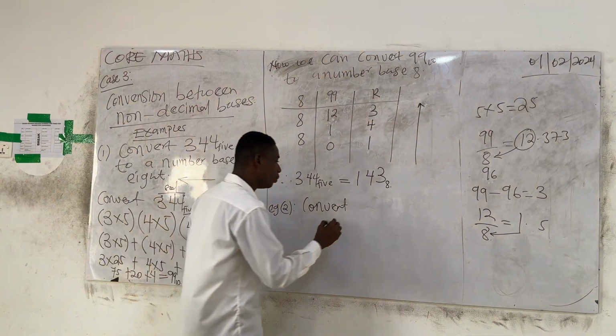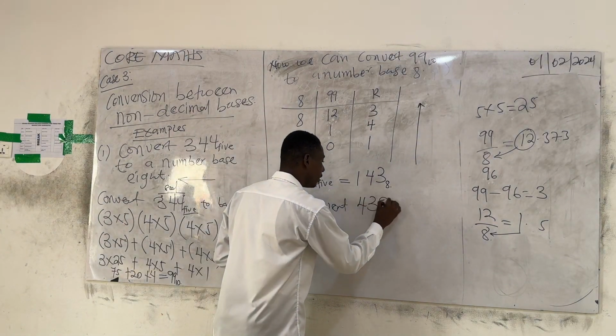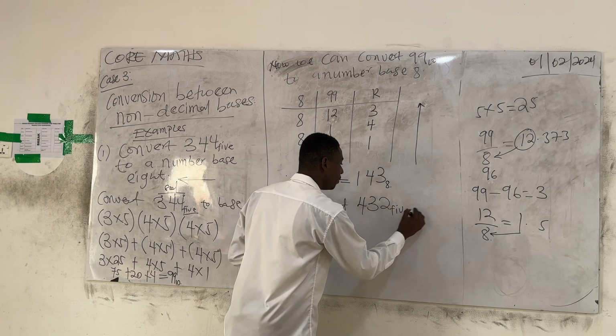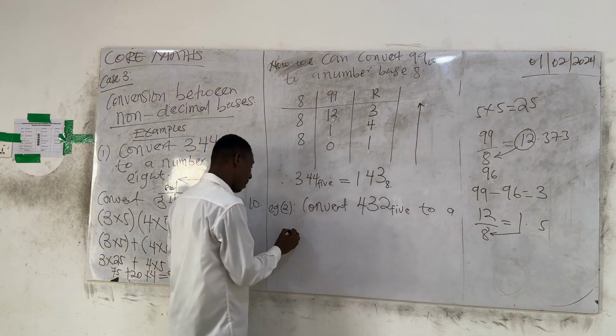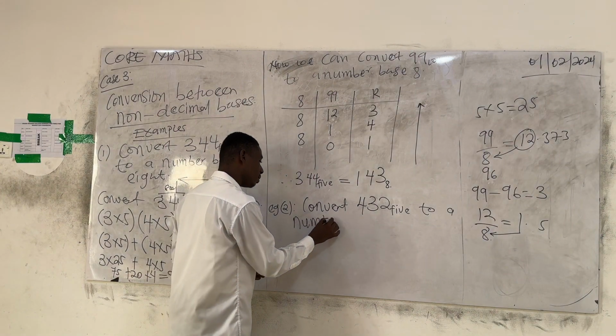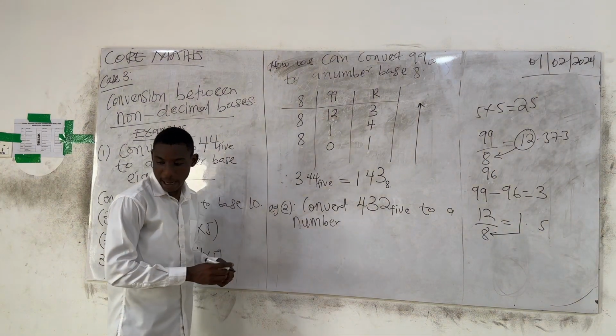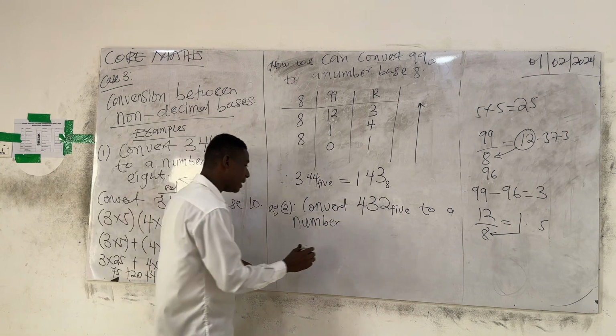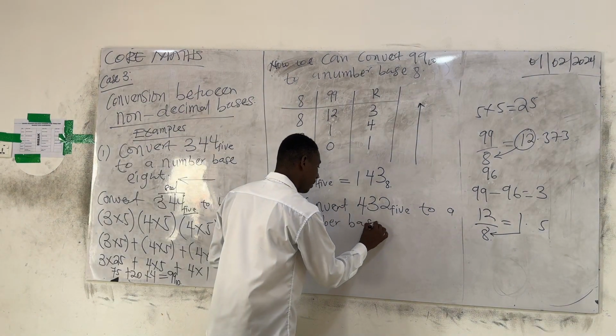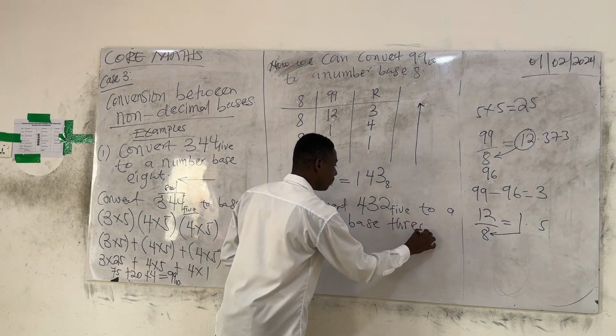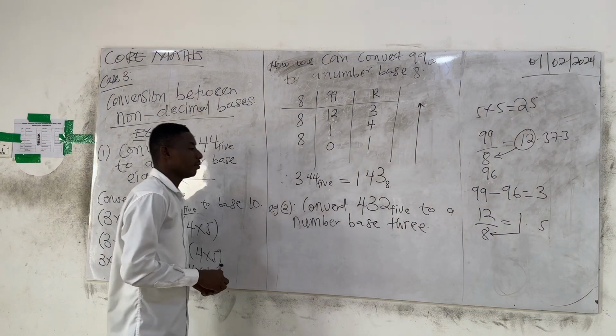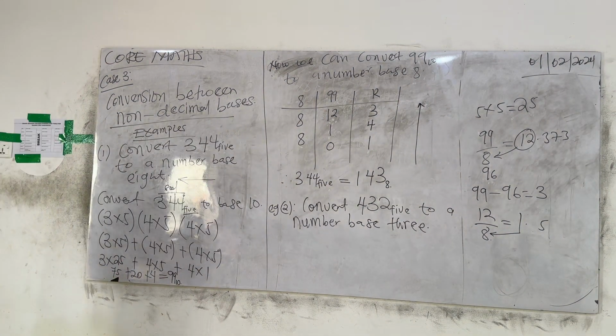Convert 432 base 5 to a number base 3. Go through the process. Convert 432 base 5 to a number base 3.